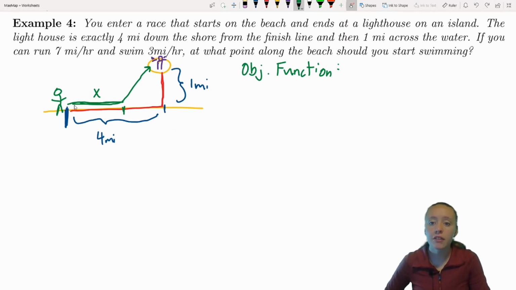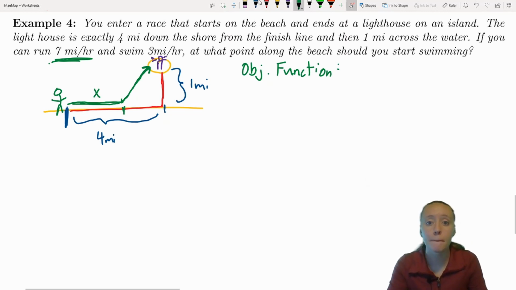So essentially, however far we go in this x, that distance will take our rate that we can run, that 7 miles per hour, and divide it by our distance to get that time it took us to get to that point. But then we also need to know that length that we swam and divide that by the rate to get the total amount of time. And that's what we're trying to minimize.